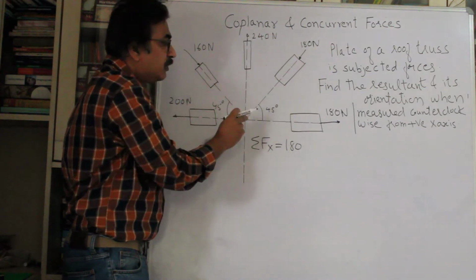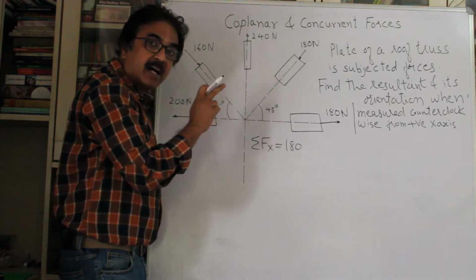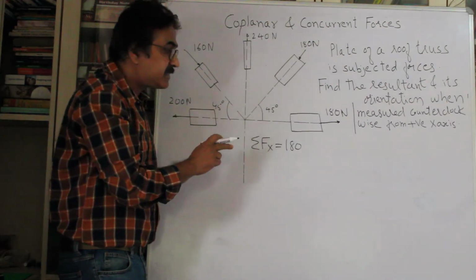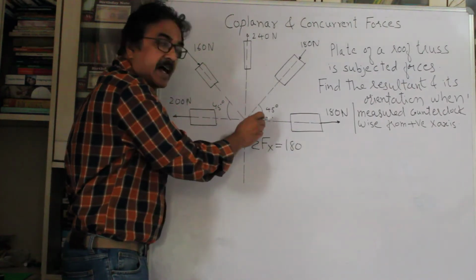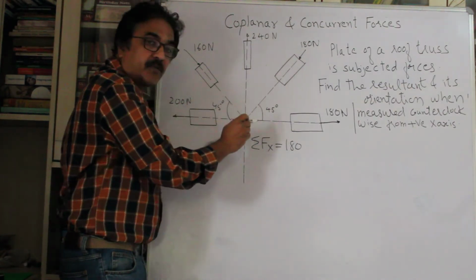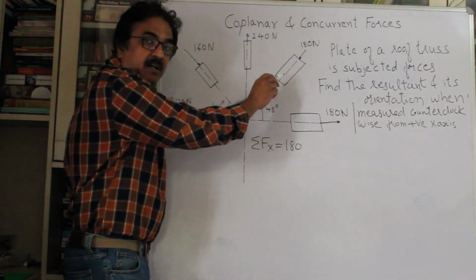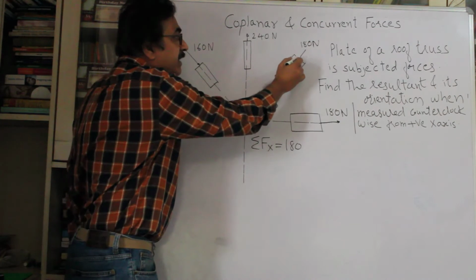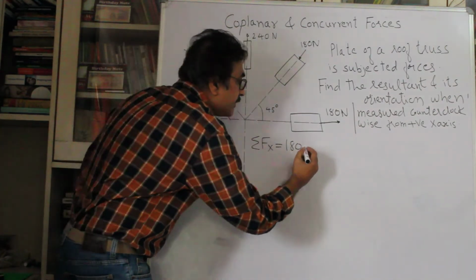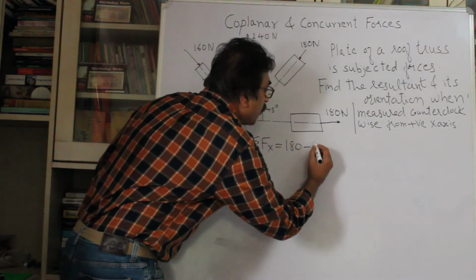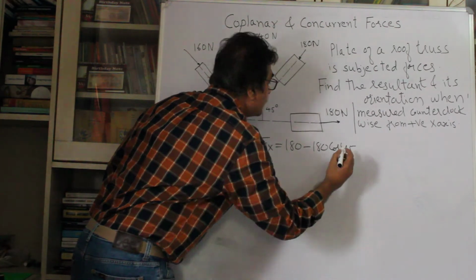Resolution means that magnitude times cos of the angle which that force makes with the x-axis, and the x-axis here is positive x-axis in this quadrant, and the angle is 45. So 180 cos 45 is going to be the magnitude of the horizontal component, but the direction will be given by this arrowhead, and when you resolve it, it's towards left, so it's negative 180 cos 45.